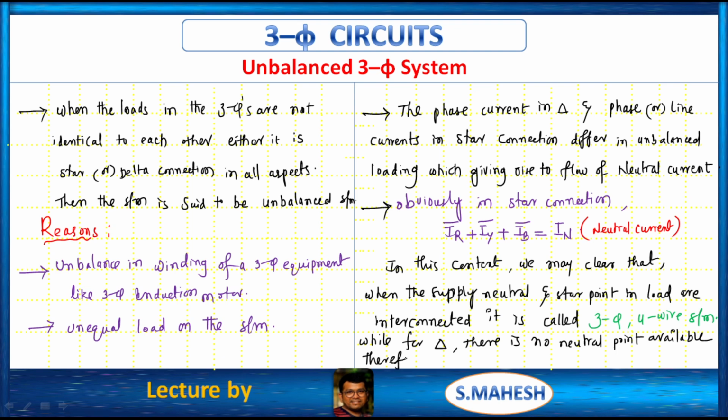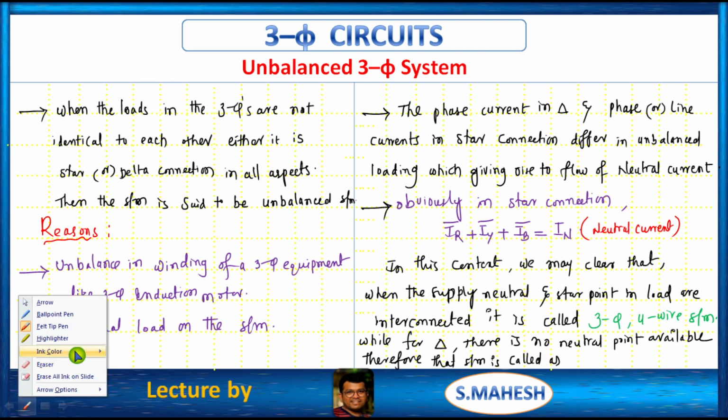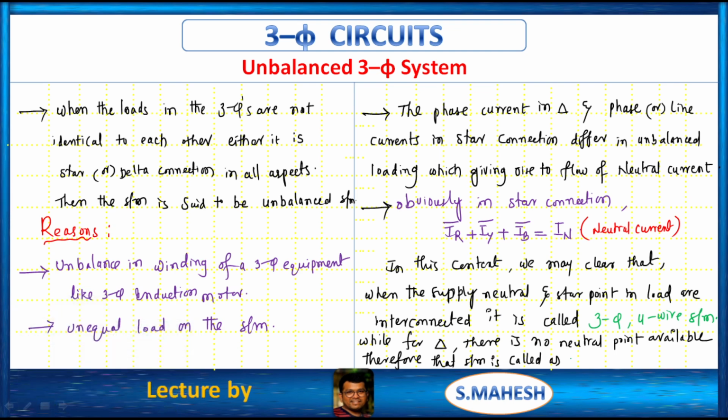Therefore that system is called as 3-phase 3-wire system only. Okay, now we have clear idea why it is called as 3-phase 4-wire system, and why it is called as 3-phase 3-wire system for delta. This is a very important point.